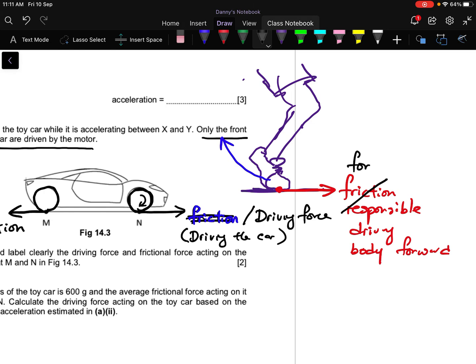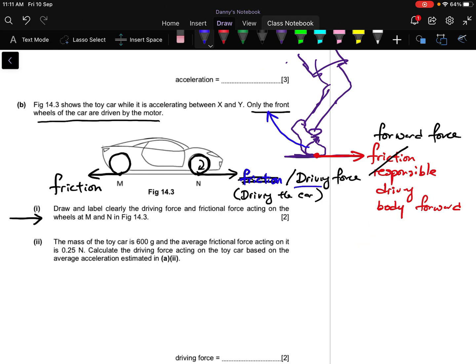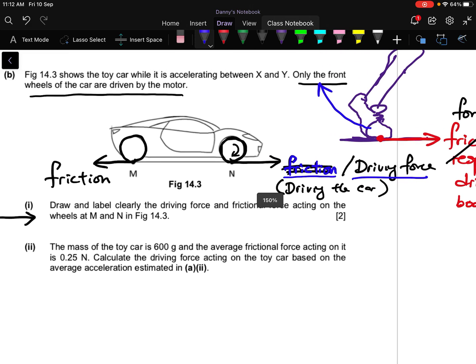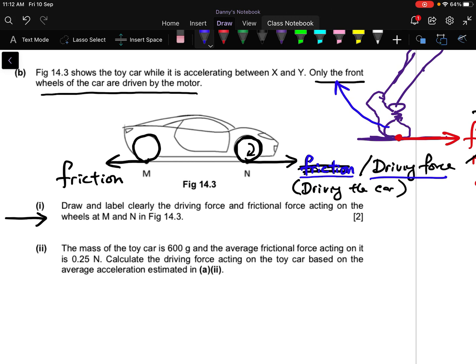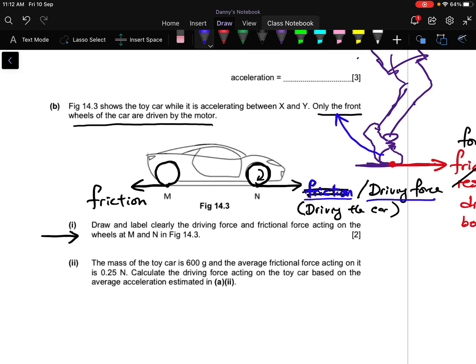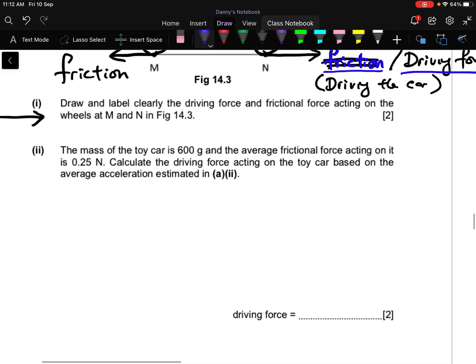So if you would like to call this the forward force, you can do that. But what you shouldn't do is that you shouldn't take the free body diagram and say that there is driving force plus friction here. No, they are the same force, you just call it by a different name. Okay? So that's one. That is how you solve B part 1.